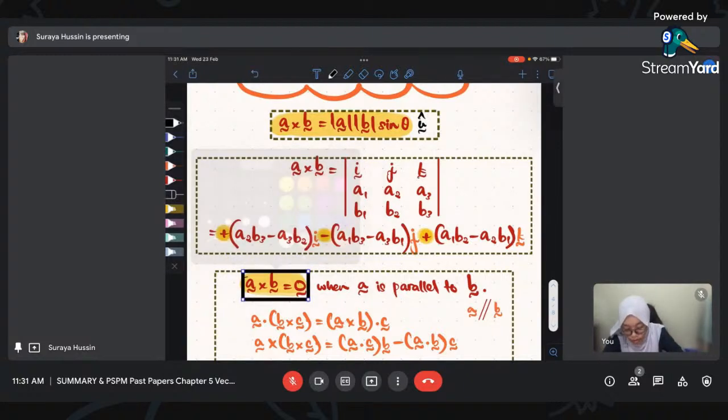You tell me why is this A cross B is equals to 0? And why is it so important? Why is this two is very, very important? One is the formula, another one is this, that equal to 0. Yang ini cross product pula equal to 0. Why is it equal to 0? Answer my question in the comment there.